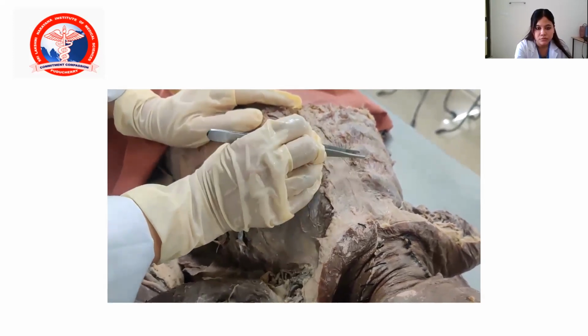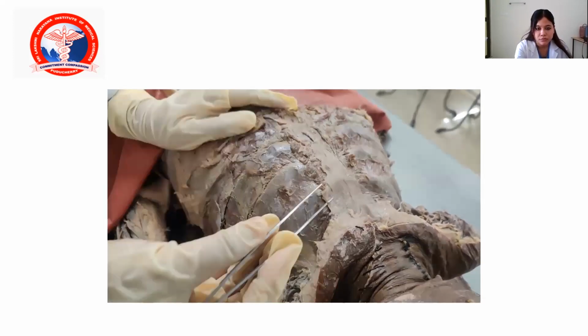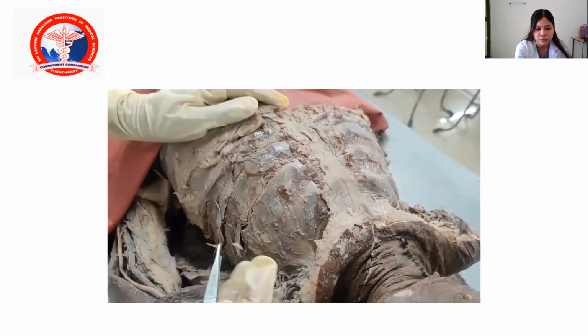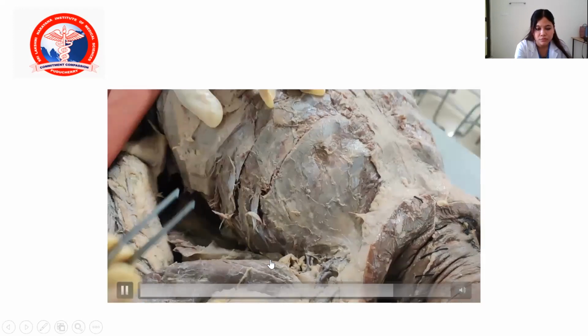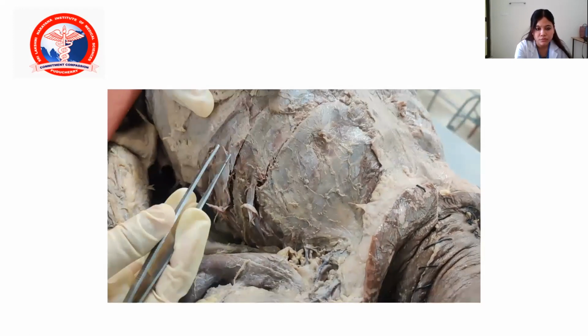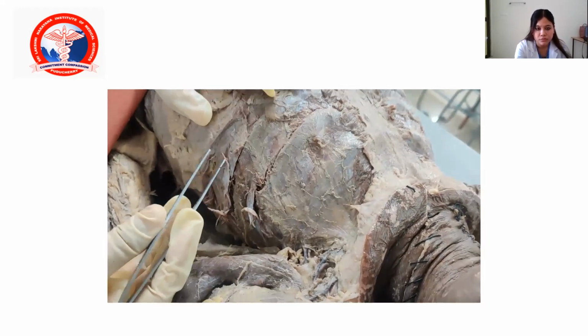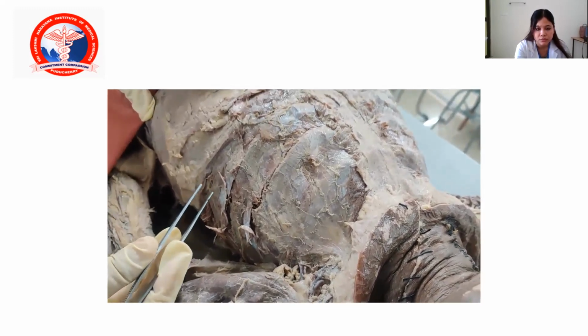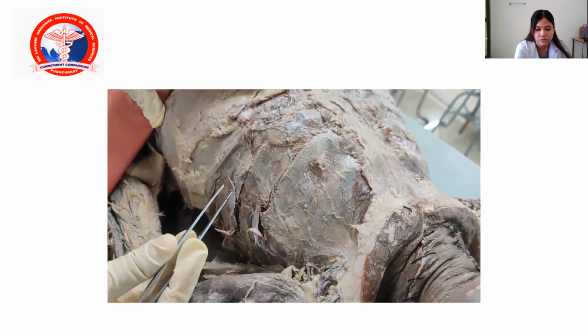So this is exactly the arrangement that is different or opposite to the externus and internus. Now about the innermost muscle, that is intercostalis intimus.